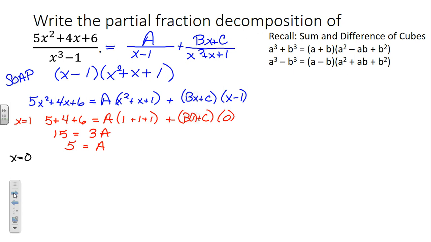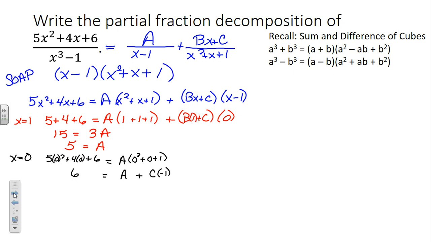You can use a blend of what I taught you today and what you did yesterday. Okay, so we're still choosing some strategic values. So if x is 0, we've got 5 times 0 squared plus 4 times 0 plus 6, so 6. And then a is going to be times 0 squared plus 0 plus 1. So we'll have a 1a. And b times 0 is going to get us a 0. But we'll have a c times the 0 minus 1.